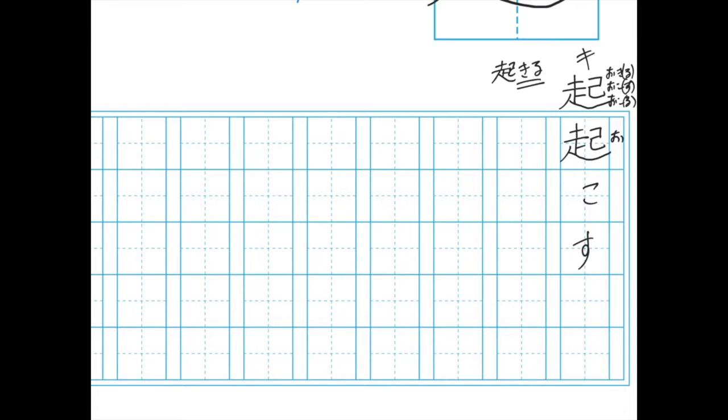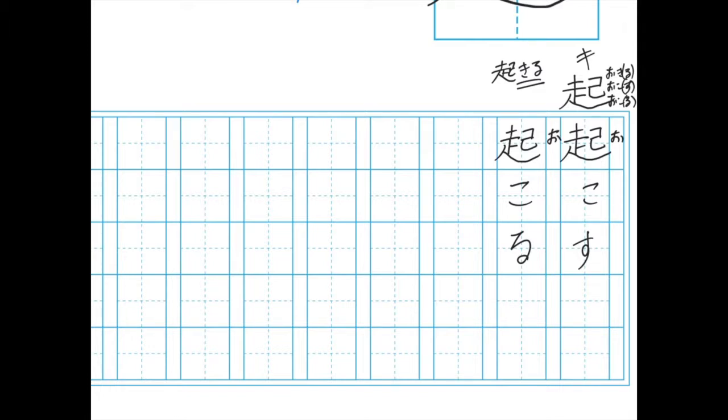Okosu. Next jukugo is okoru, to occur or to happen. Like, why did this problem happen? That kind of happened. Tsuchi, tate, yoko, katakana no, and onore, okoru.